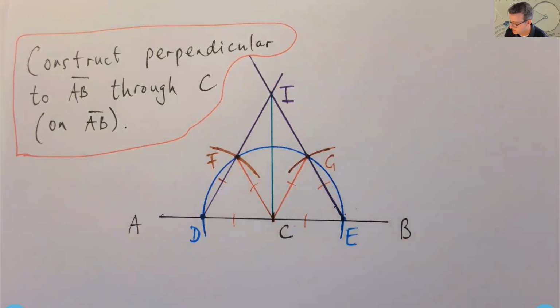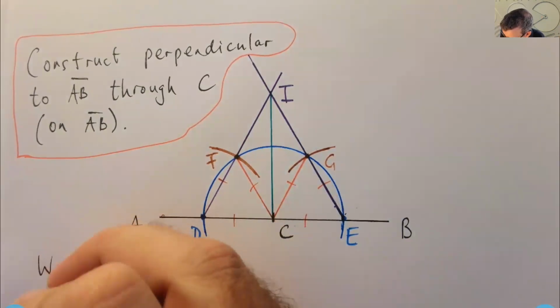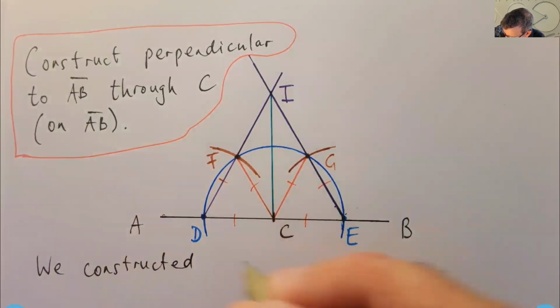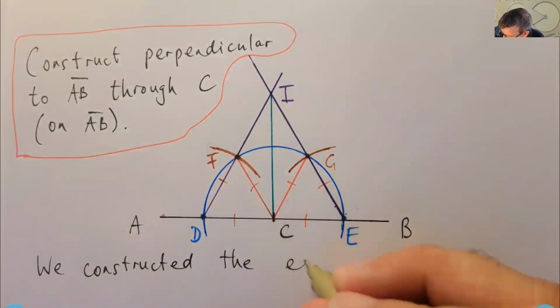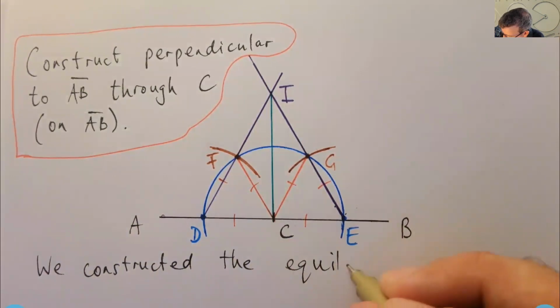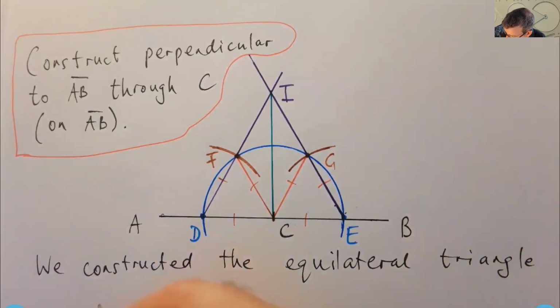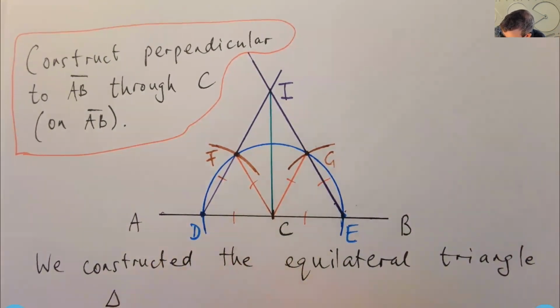All right, so we constructed the equilateral triangle, let's say it's triangle DIE. Okay.